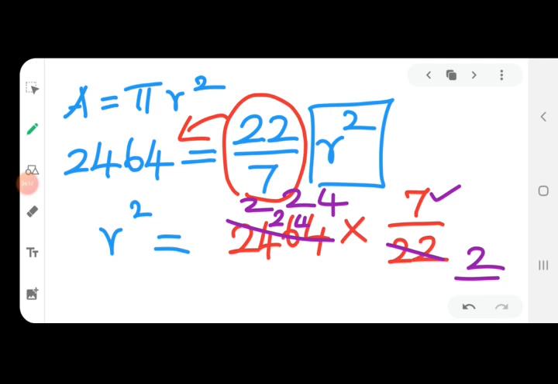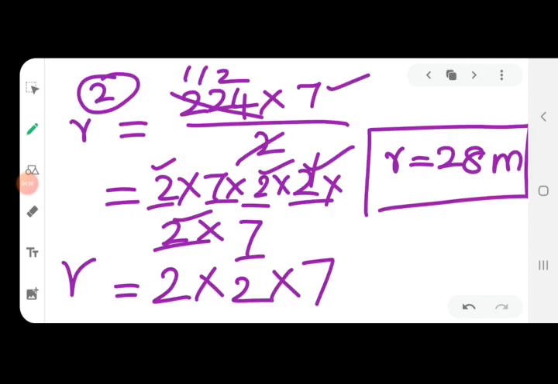So it will be 2464 into 7 by 22. When 22 by 7 is moved to the other side, it changes to 7 by 22. We divide by 11 first, so we get 224 into 7 by 2. Again we divide by 2 and get 112 into 7. So we have to find the prime factorization of 112.